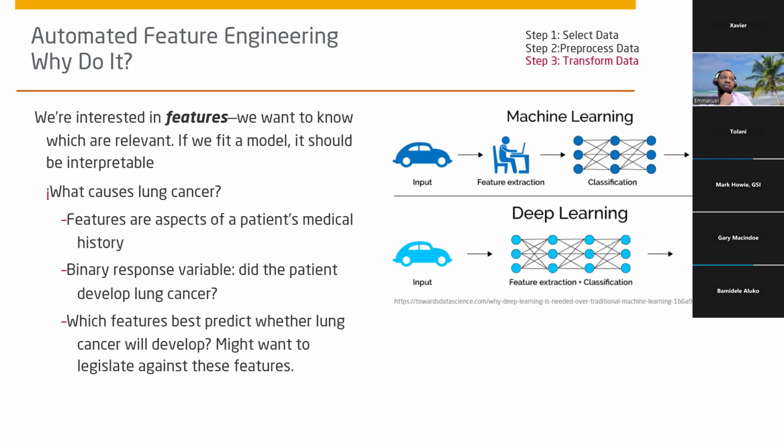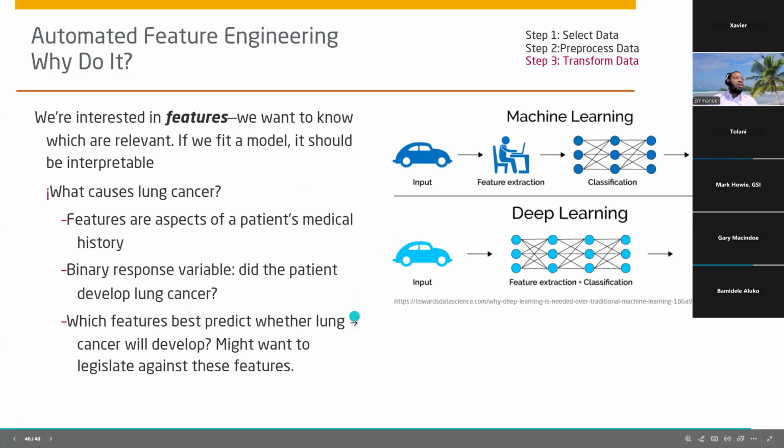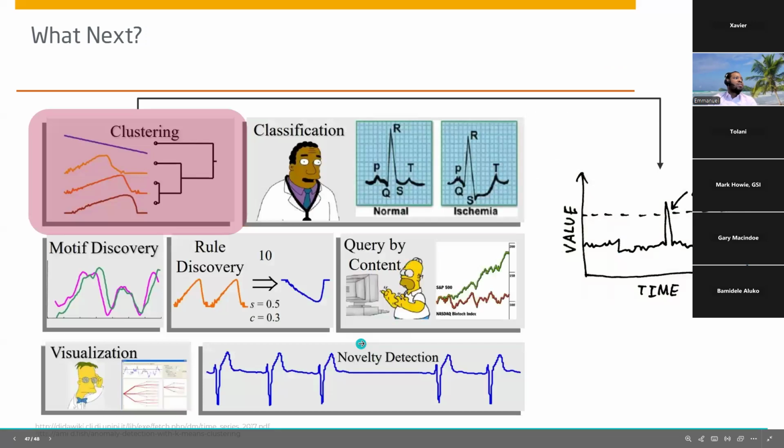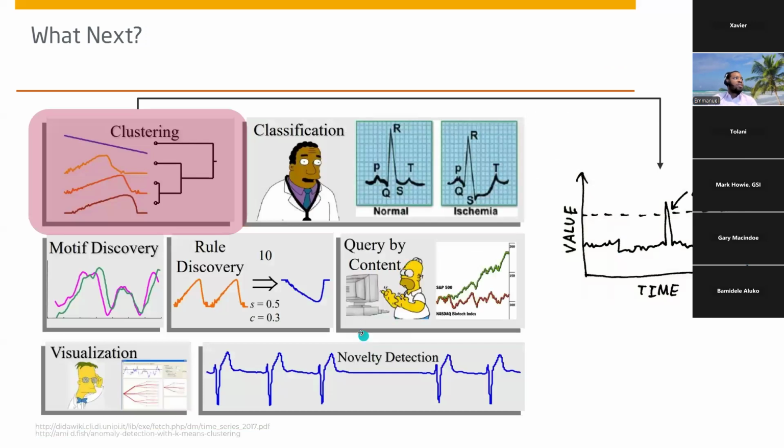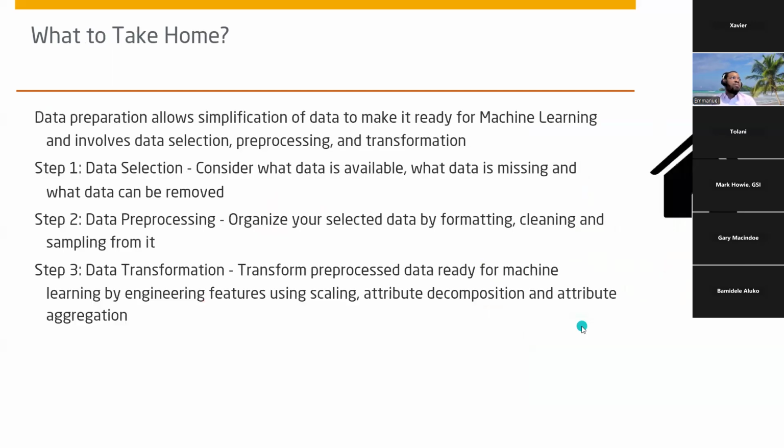As you can see, it is useful both for machine learning and for deep learning. And I think I'm getting to the end of this. It's useful whether you are doing clustering, classification, no matter what you're doing. Feature engineering is useful and it is something that you should embrace.